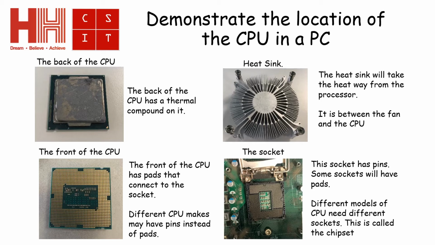The last part we're going to consider is the heatsink. The purpose of the heatsink, which is located between the fan and the CPU, is to take the heat away from the processor. Because remember, the CPU is a very hard working piece of equipment.